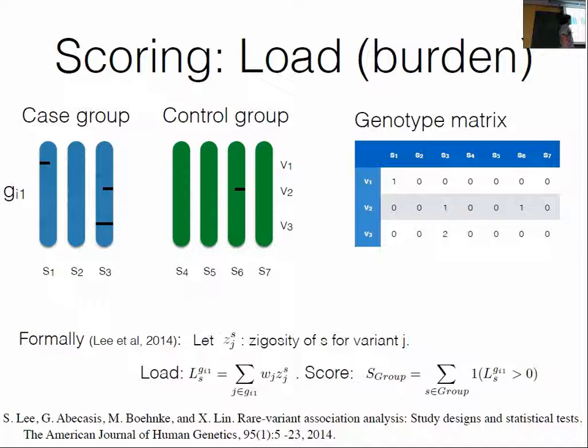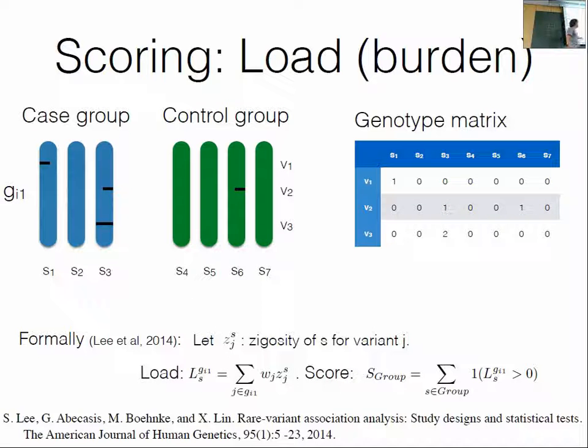A nice general way to define a score is as a weighted combination of the zygosity of the variants in your genotype matrix.